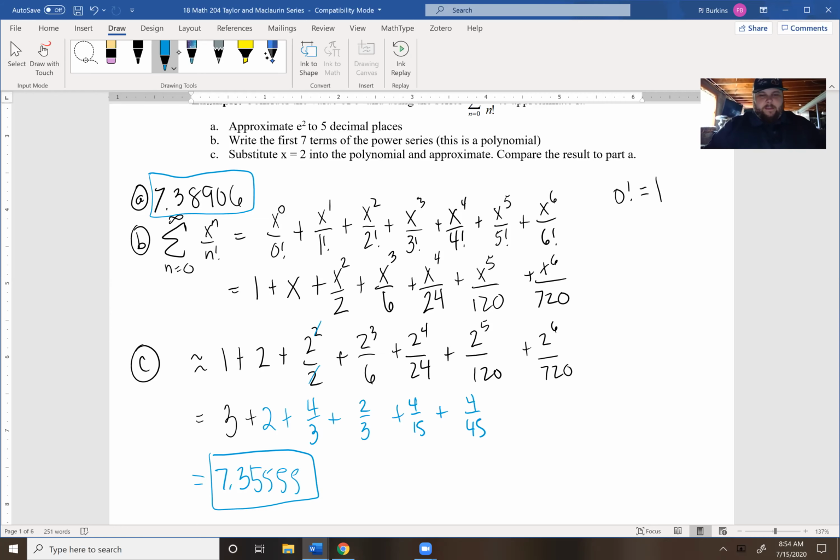Let's see if we add 2 to the 7th divided by 7 factorial. That's 7.3809.